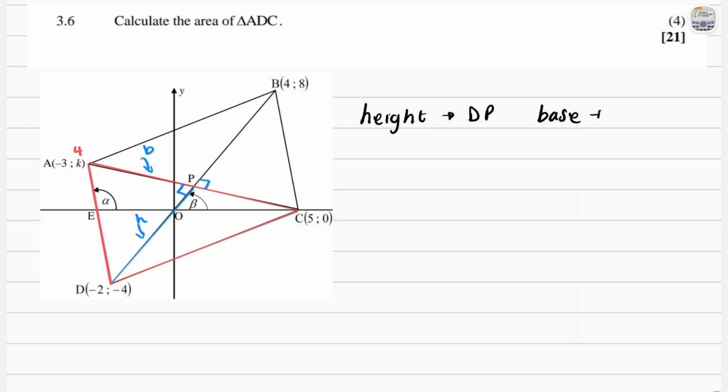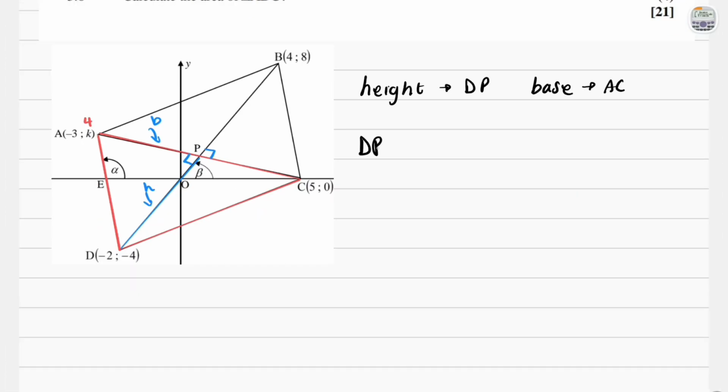So the base of that triangle is AC. We don't have DP, but we can just find DB, because P is the midpoint. So whatever DB is, DP is half of it. So let's find DB, and we'll say the square root of x2 minus x1. I'll just start with the negatives.